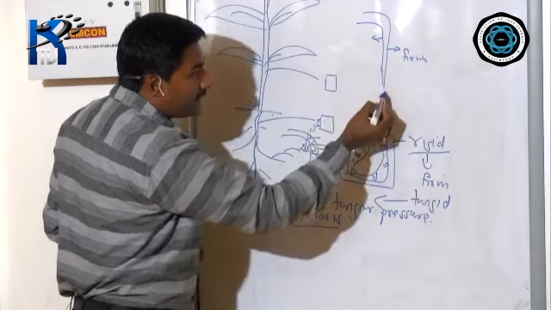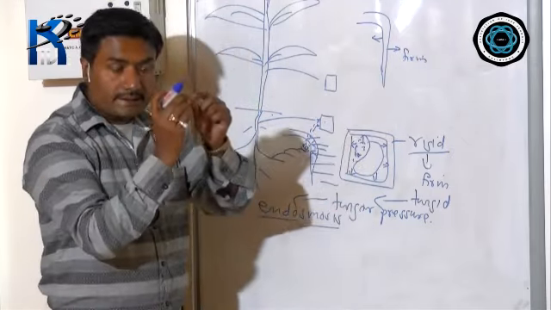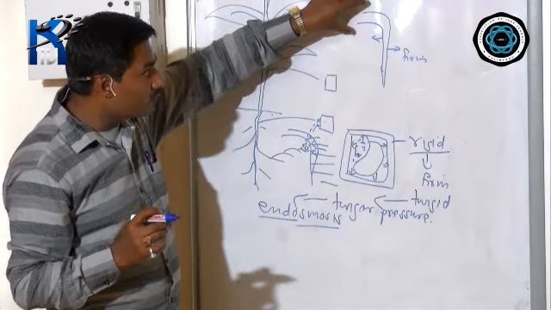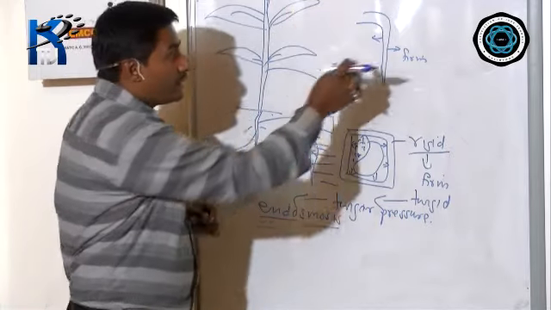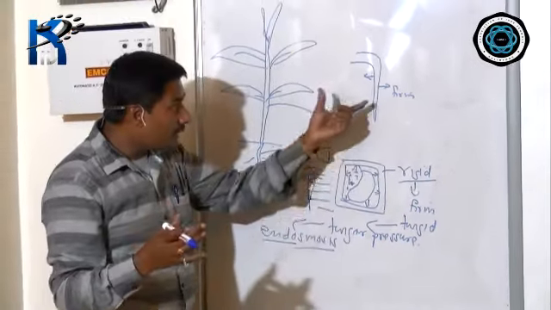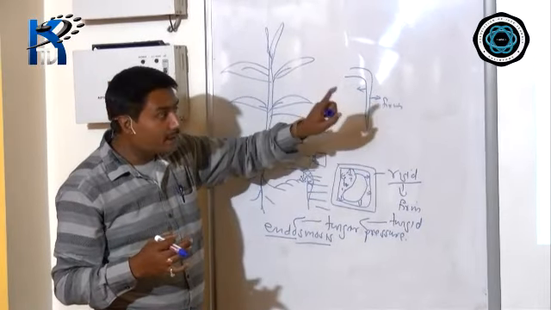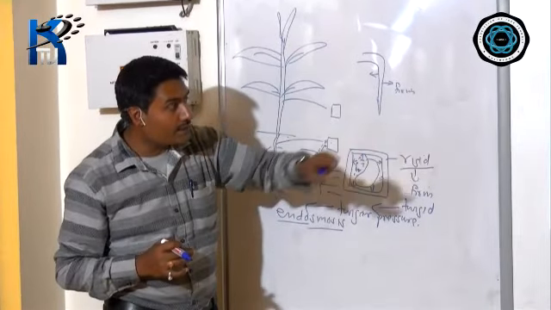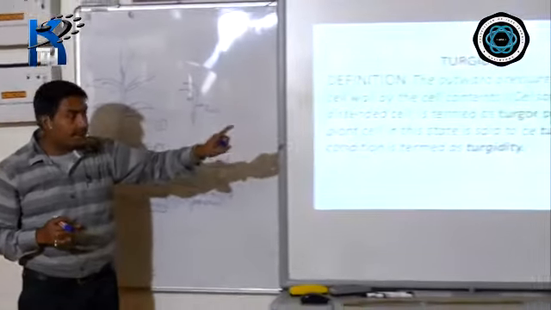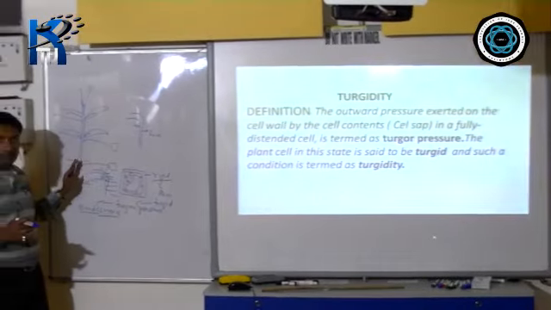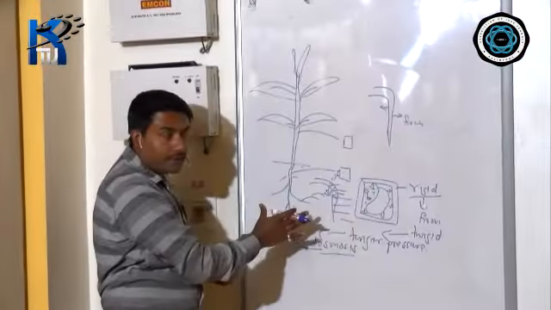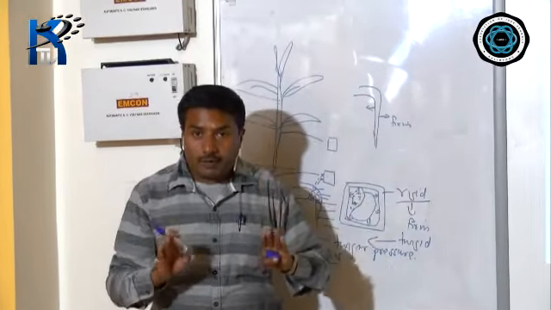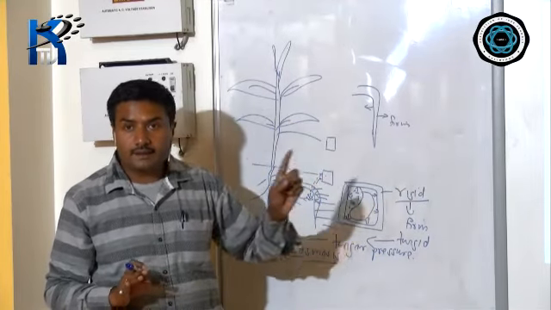This extended part of the cell, the cell of this root hair, when it has been fully stretched, you call it a distended cell, and the pressure is termed turgor pressure. The plant cell in this state is said to be turgid. And such a condition of remaining firm is called turgidity.